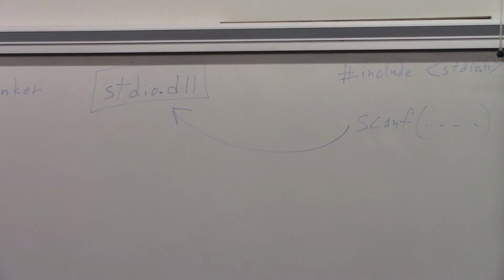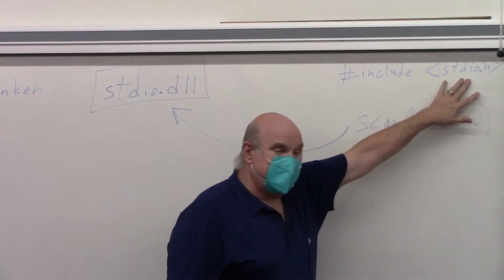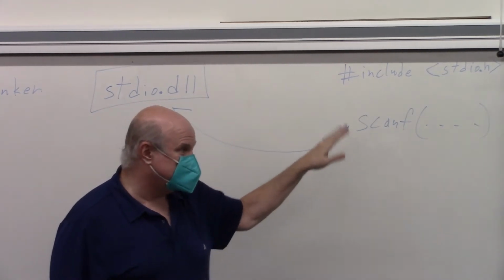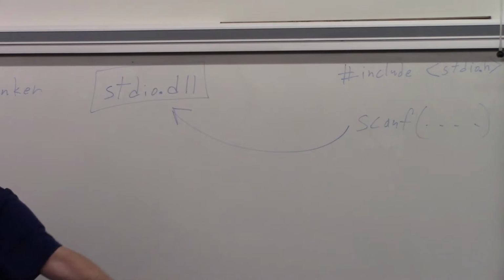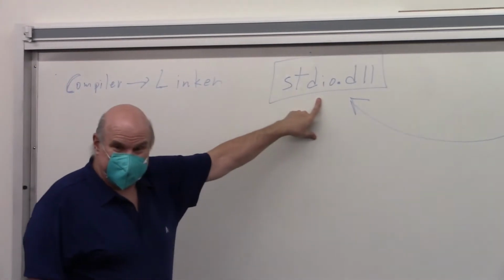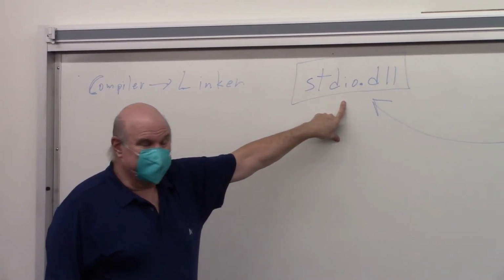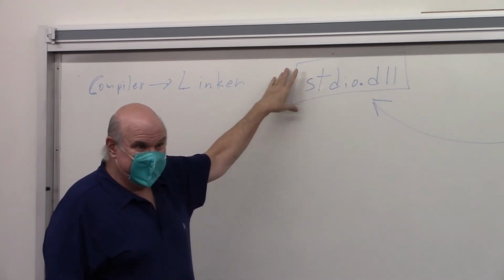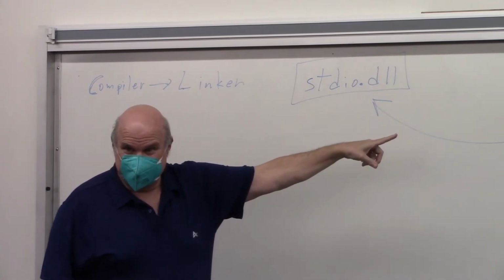So the only thing you have to do is tell the compiler, I want to use something called scanf. And the compiler doesn't even know what the guts of scanf are. It doesn't know what the code is. Because all it knows is that the code lives in stdio.dll and it has a name. So it reads this file, and at the beginning of this file, it has a list of names, one of those names being scanf.